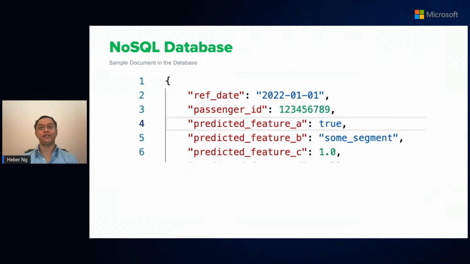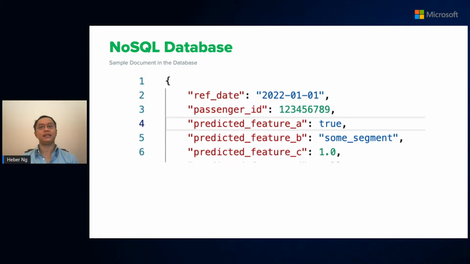The first reason for choosing Cosmos DB is that it is a NoSQL database. Here, data are stored as documents, with each document representing a single row in a traditional relational database table. A group of documents are stored in containers, which is the equivalent of tables in a relational database.